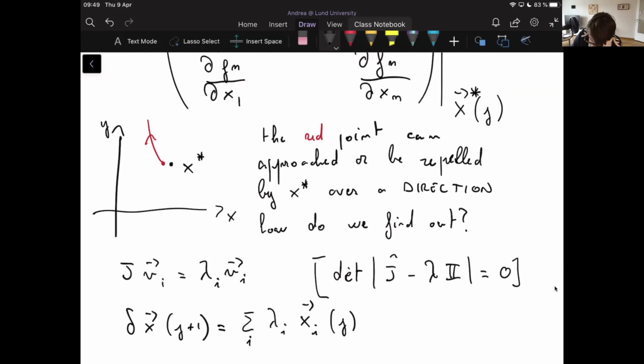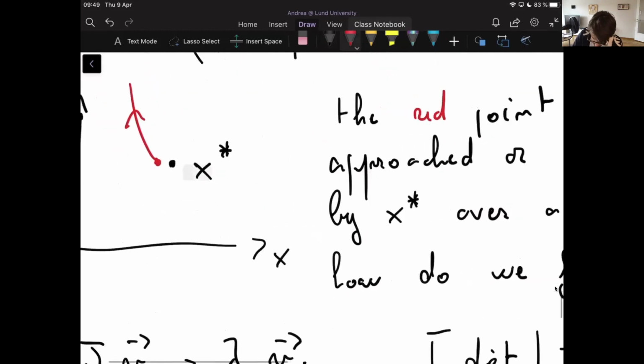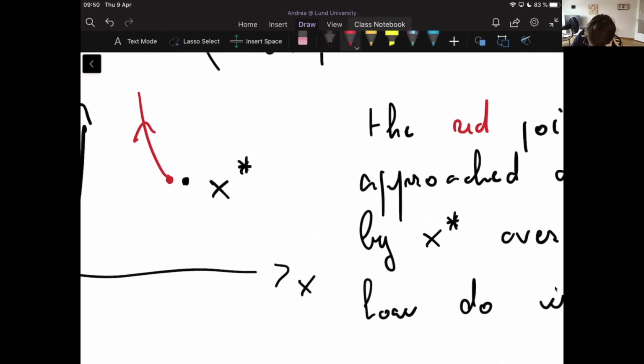So we can zoom in, and basically this is your delta x. But if you calculate the eigenvectors of the Jacobian, you will find out how these maps behave around a fixed point. And you will find two eigenvectors like this, X1 and X2, and these will correspond to the two eigenvalues.